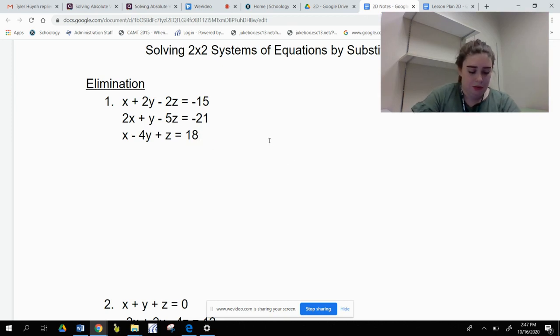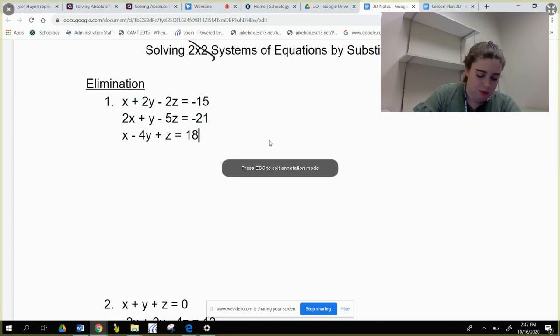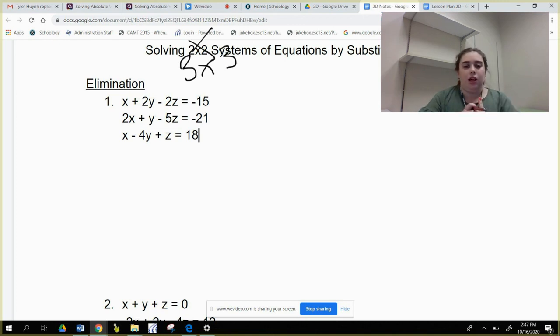And this is supposed to say 3x3 systems on the top instead of 2x2. That's a typo. 3x3. Because we're looking at 3x3 systems. We know this is 3x3 because it has three equations and three different variables, x, y, and z, all right?